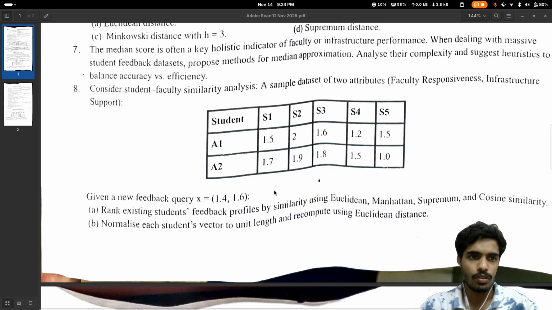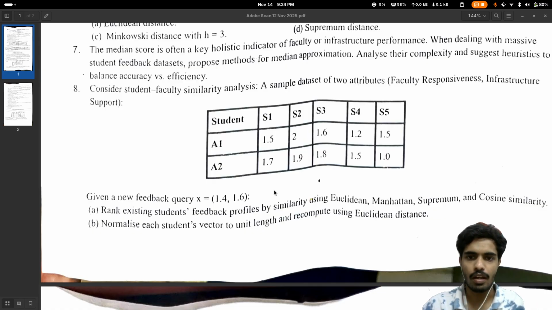Okay, so in this video we will solve question number 8. In question number 8, we have a data set of 5 students, and they have given another student's data with two features.